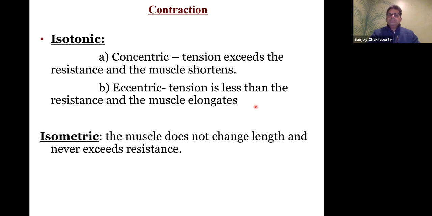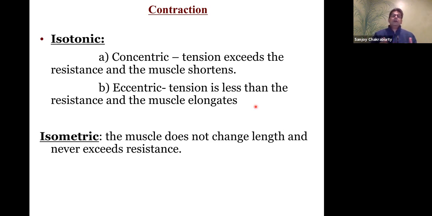In isotonic, the muscle changes its length. In isometric, the measurement is the same. Metric means measurement. In isometric, the muscle does not change its length. One more time: in isotonic, the muscle changes its length as a result of that contraction. In isometric, the muscle does not change its length.